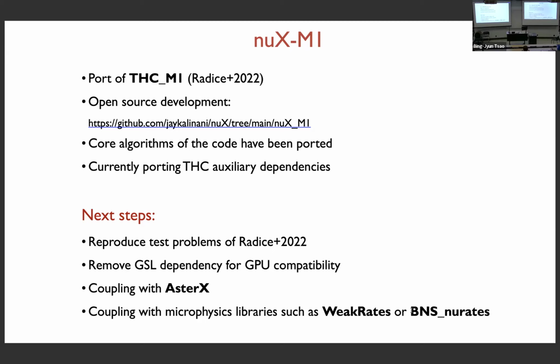Yes, thank you again for your talk. I just had a bit of a curious question, and feel free to correct me if I'm wrong, of course. From my understanding, when you look deep into the THC code, some of the rates calculations are used not only in THCM1, but also in the leakage code, which is a nice addition to be able to reuse some code without having to redo all those rates calculations.